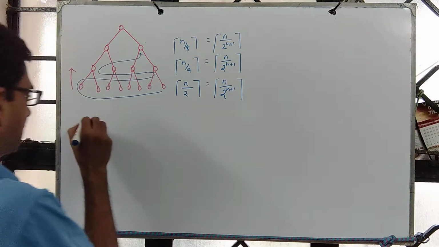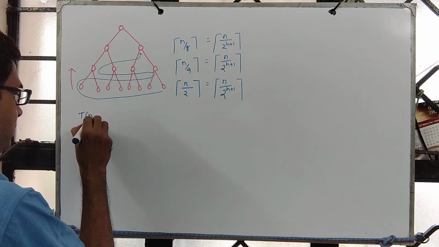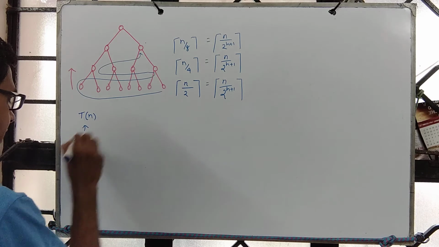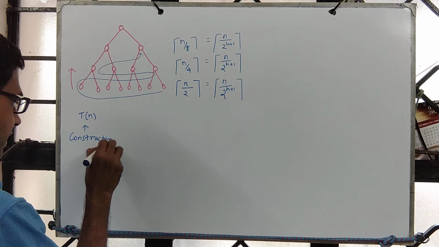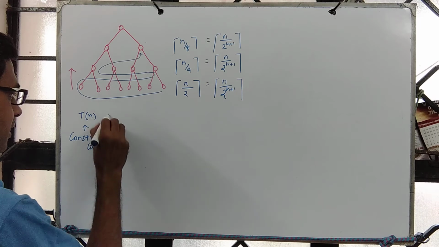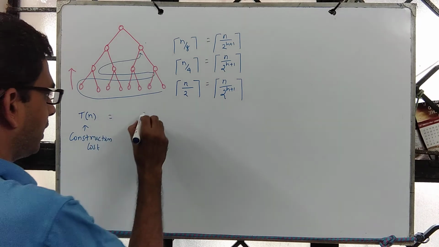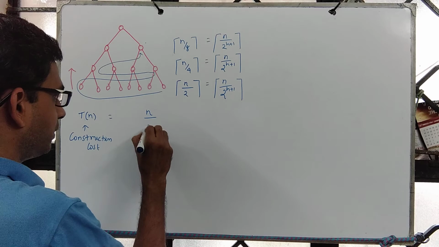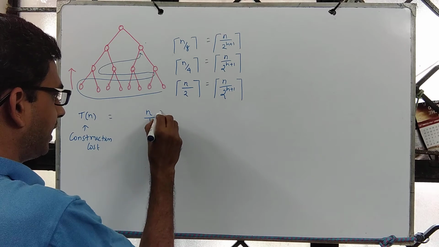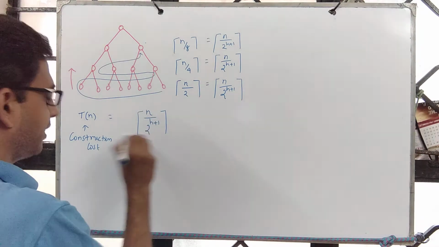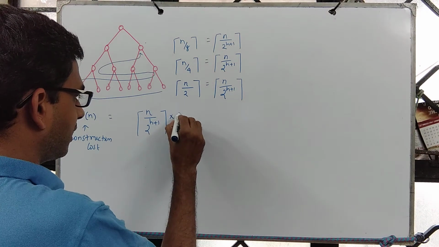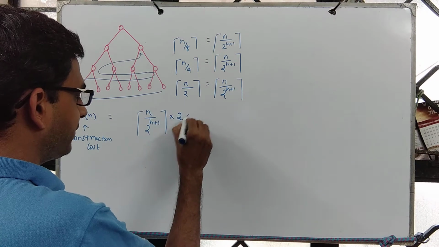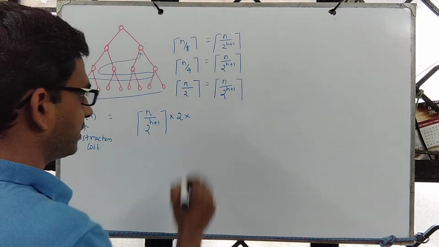Which means T of n is the construction cost, or build heap cost. So the construction cost is the following. There are this many nodes at each level, and we incur this many comparisons to check whether there is a violation or not.